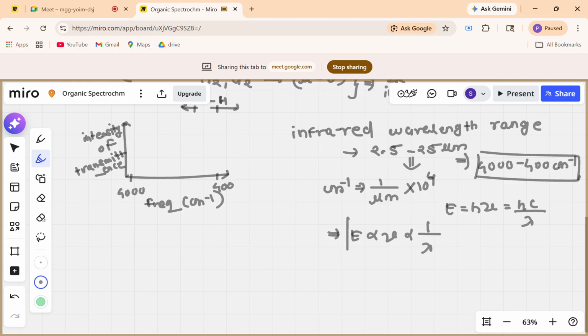Basically, this 1 upon lambda term we can also write in terms of wave number, and hence energy is proportional to frequency, which is directly proportional to your wave number.